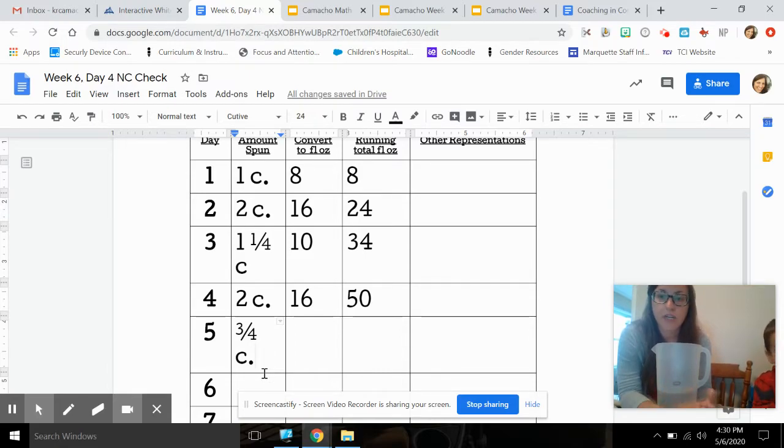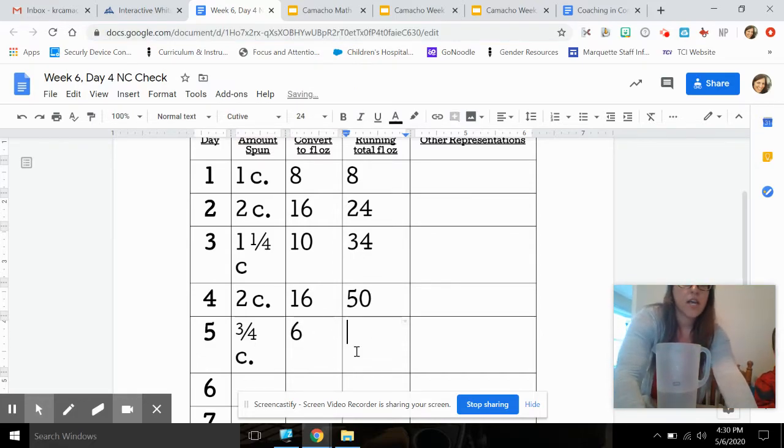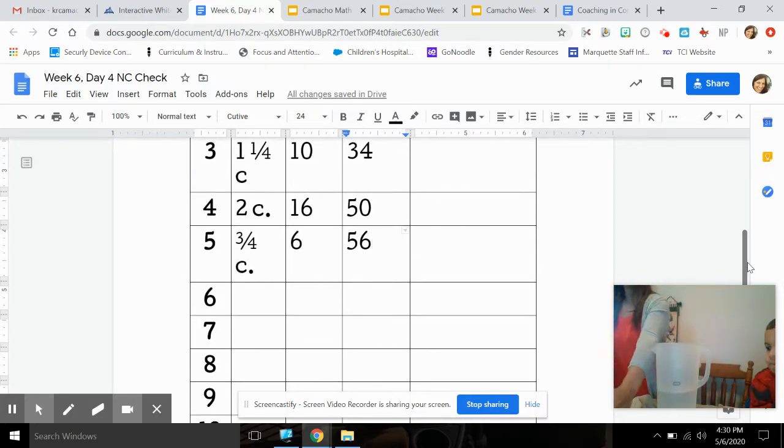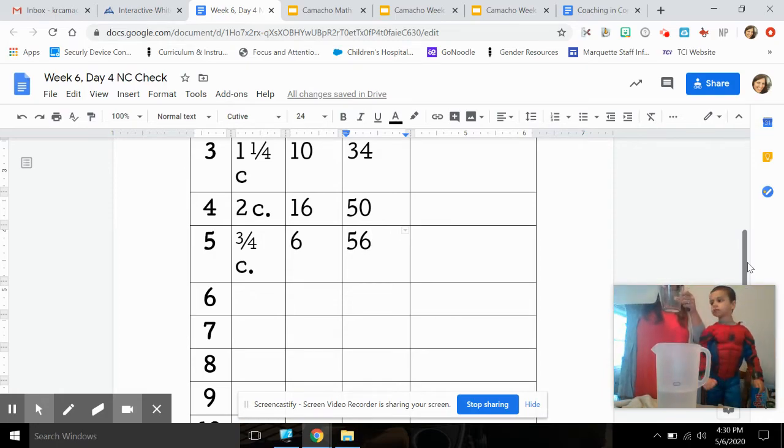And now I have 3 groups of that. So 2, 2, 2, which is 6. And 50 plus 6 is 56. All right, Wyatt. We're going to add 3/4 of a cup. There we are.